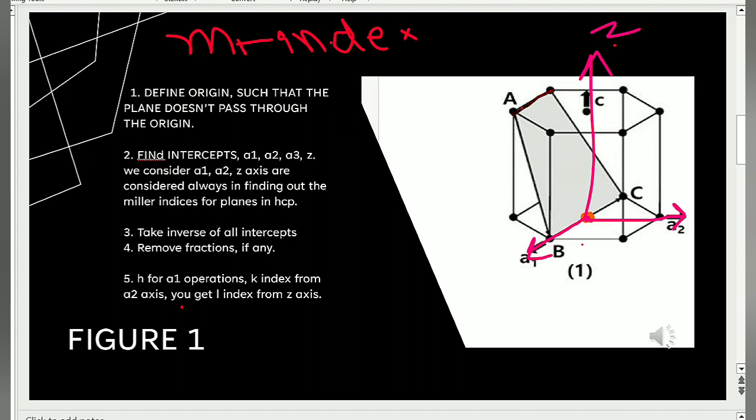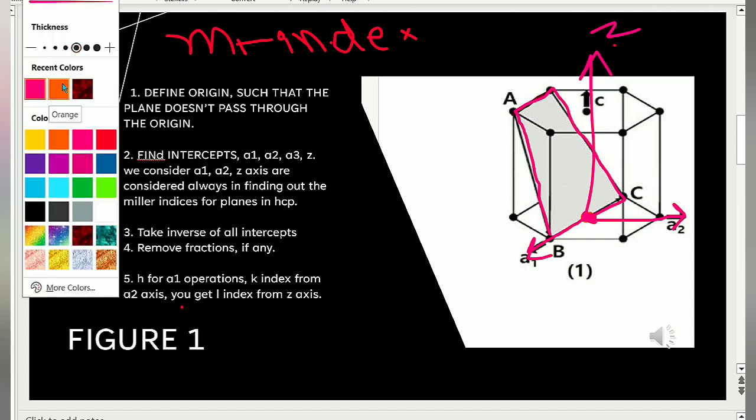This common intersection point is the origin, and you can see this is a point on the plane also. The origin they have defined is lying on the plane, and this is not acceptable, so we have to redefine the coordinate system and we need some other origin now.